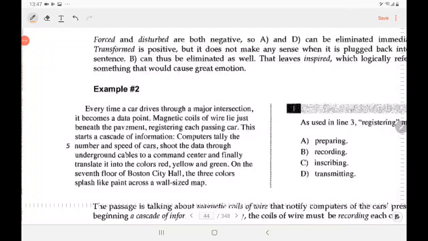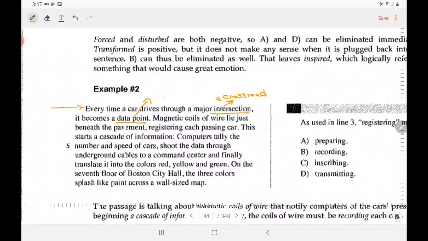Example: every time a car drives through a major intersection, it becomes a data point. An intersection, it's a crossroad, a place where two roads cross each other. Every time a car drives through a major intersection, it becomes a data point.